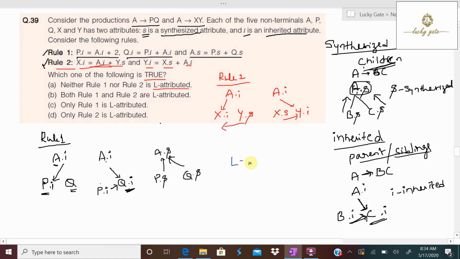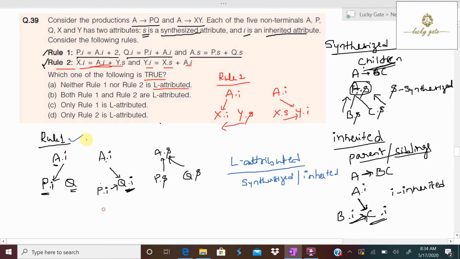First we'll understand what an L attributed definition is. In an L attributed definition, it uses synthesized attributes and inherited attributes.